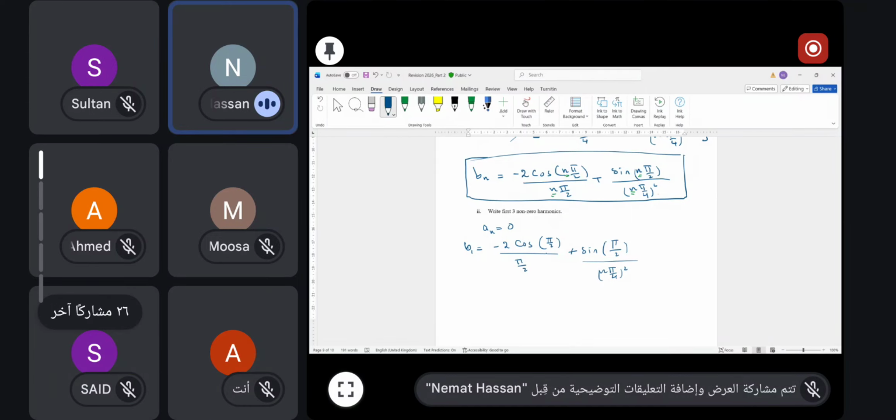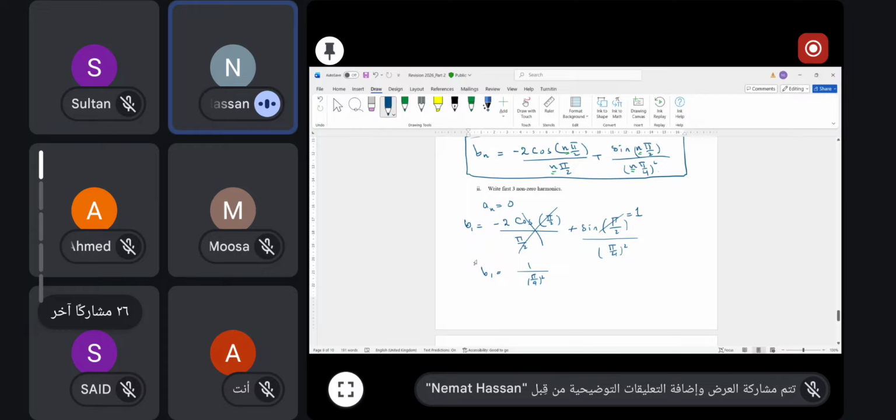Cosine pi over 2 is what? 0. Cosine 90 is 0. So this term is gone. And sine pi over 2 is equal to 1. So therefore, B1 is equal to 1 over pi over 4 squared.